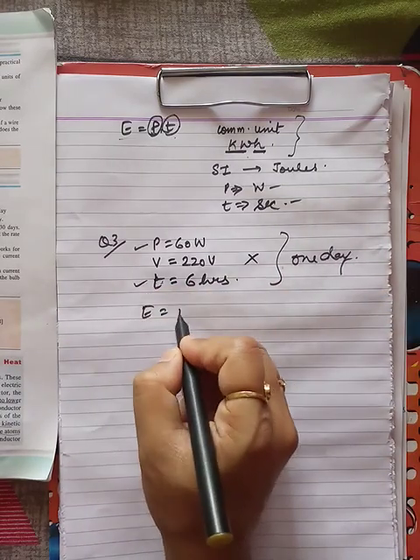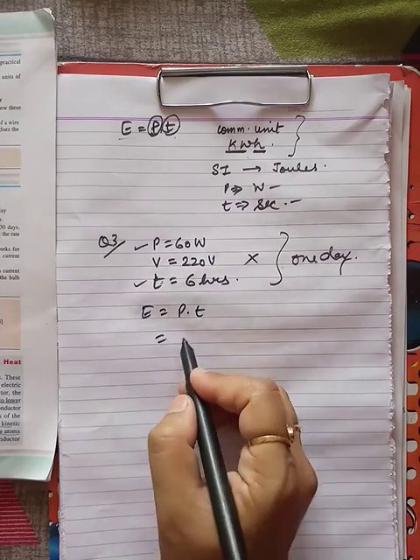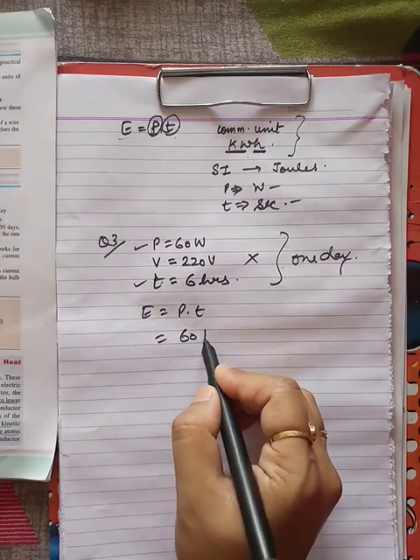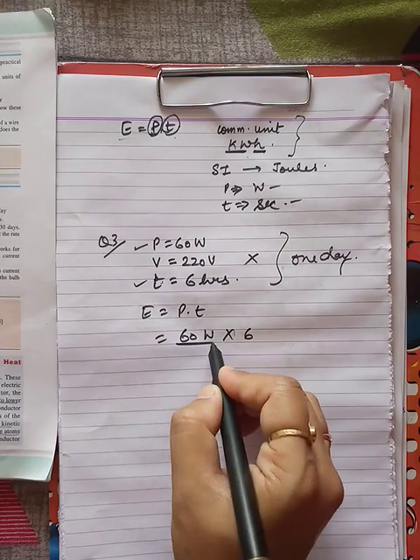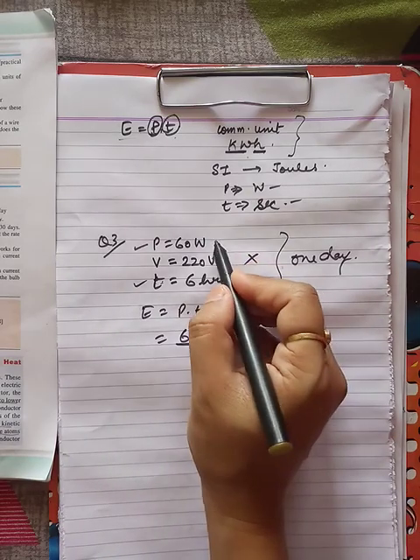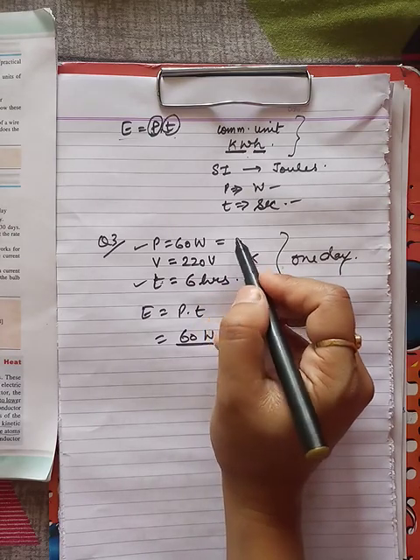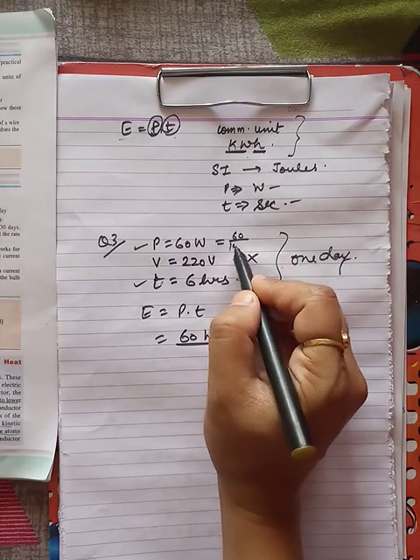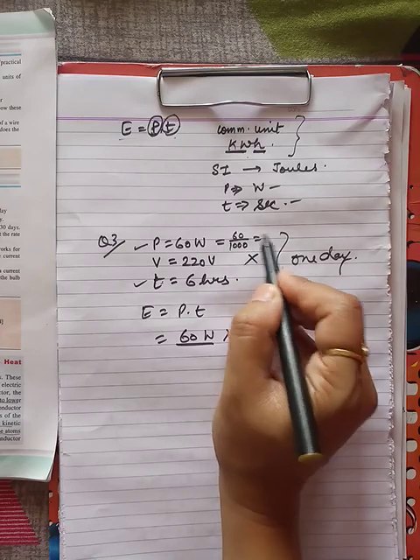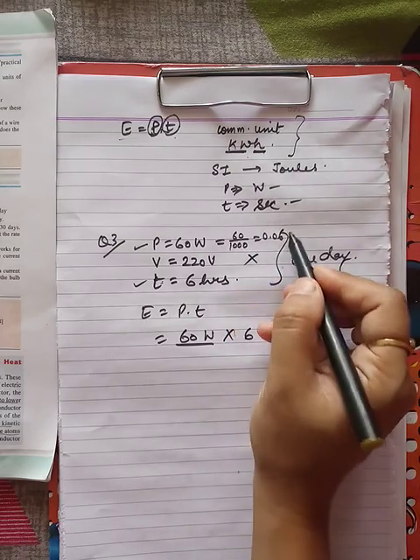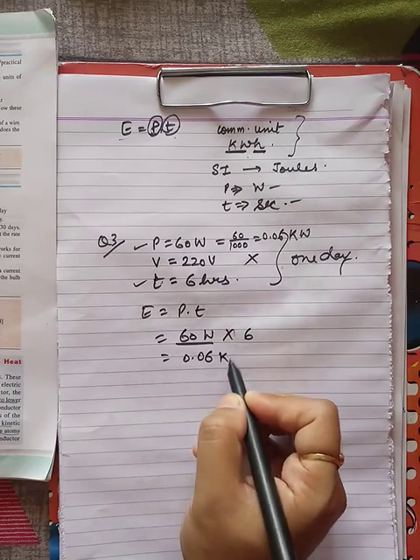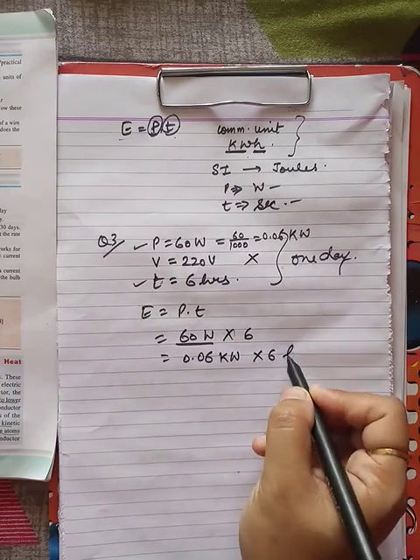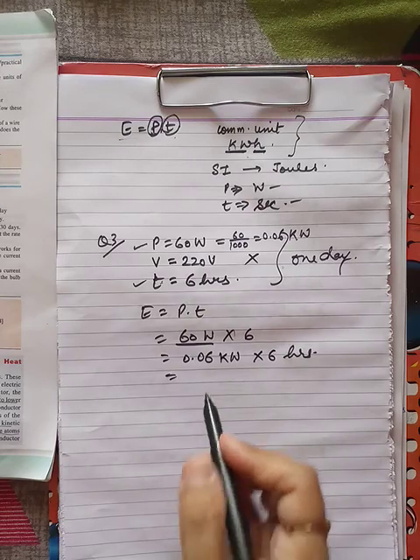For energy consumed, power multiplied by time, that is 60 watt multiplied by 6 hours. If we are converting into kilowatt, then it will be divided by 1000. So 60 divided by 1000 is equal to 0.06 kilowatt. 0.06 kilowatt multiplied by 6 hours, so that will be kilowatt hours.